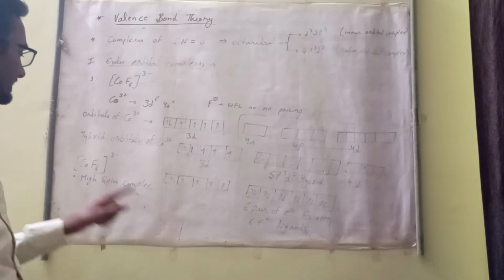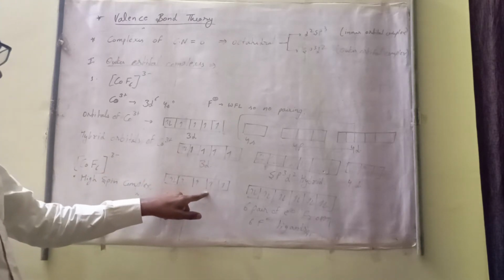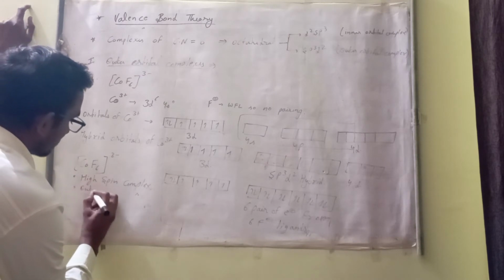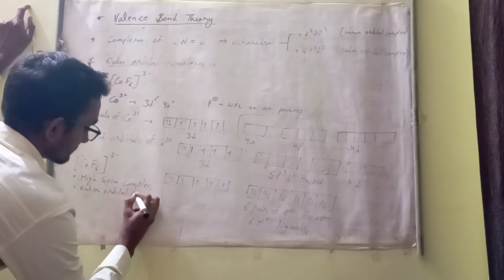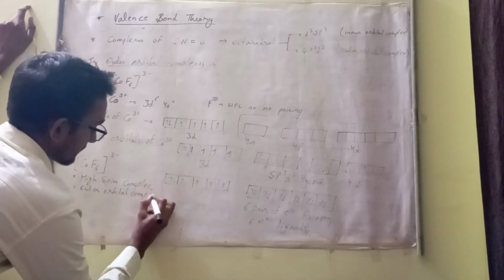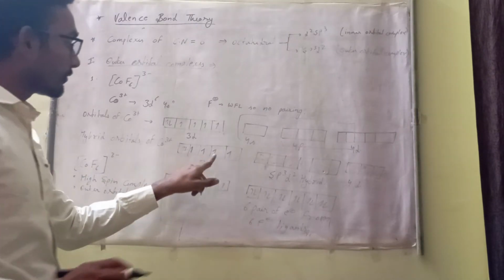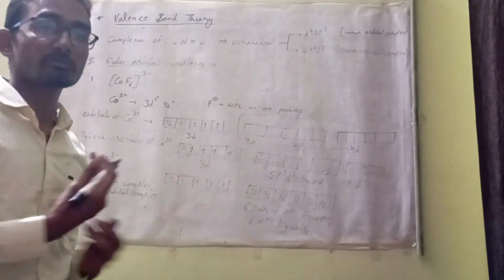Now what we observed is that it is a high spin complex. That means outer orbital complex. 4 unpaired electrons are present.